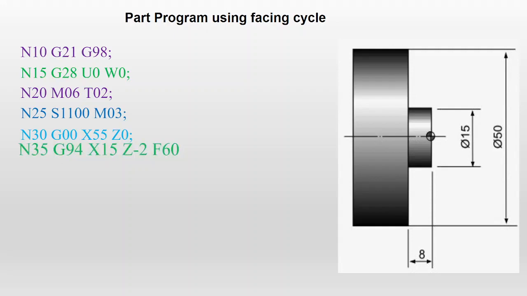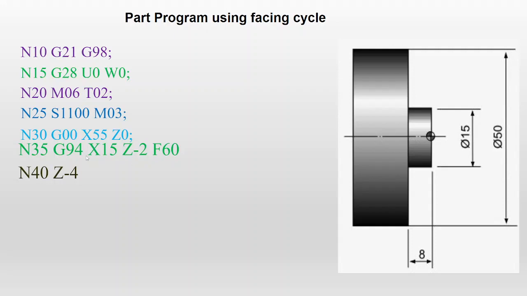Next, we can assign the facing cycle, that is N35, G94, X15, Z-2, F60. Now I have given 2 mm depth, that is Z-2. So from 0 to 2 mm it will go inside the material and the material cutting takes place.